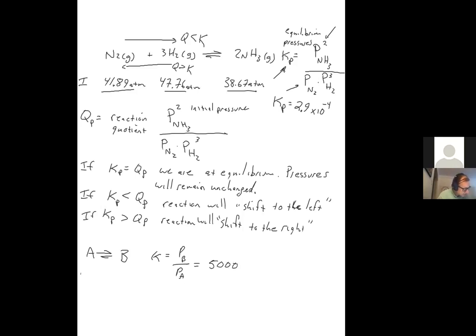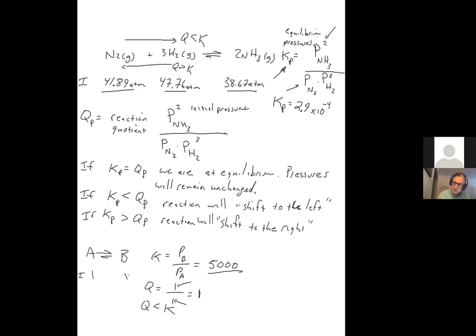Suppose I said our initial pressures were 1 and 1, 1 atmosphere, 1 atmosphere. You would calculate Q as the pressure of B, so that would be 1 divided by the pressure of A, that's 1, that's 1. So Q is less than K, right? It's less than 5,000. What that's telling you is that this pressure here divided by this pressure here is too small. It needs to be 5,000, but it's only 1.